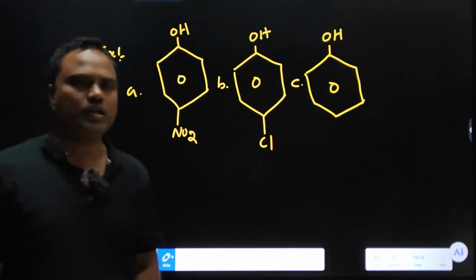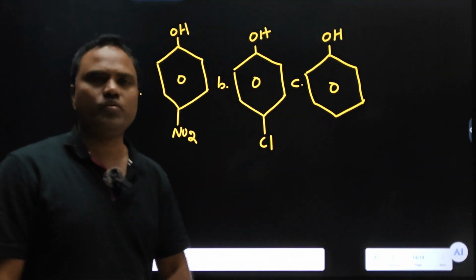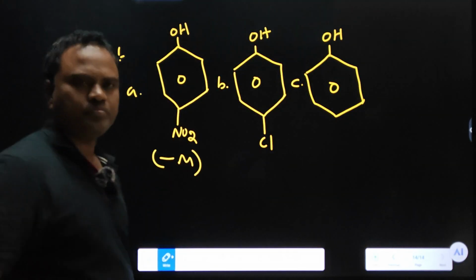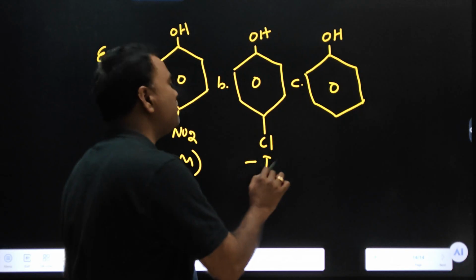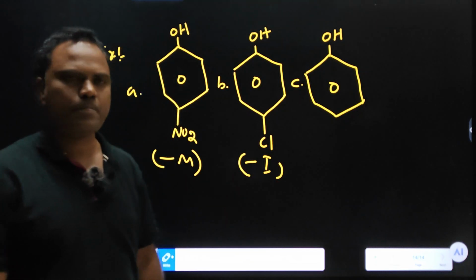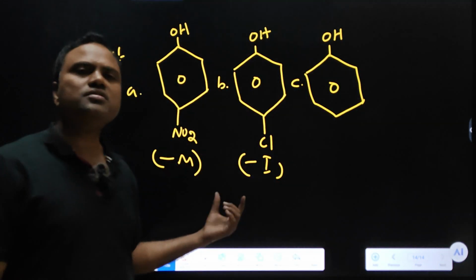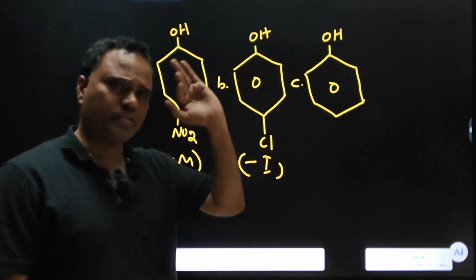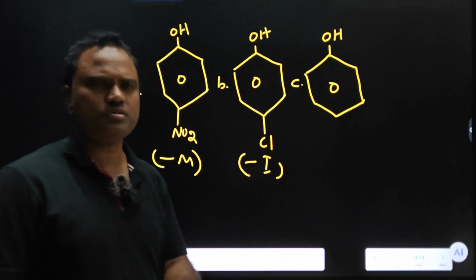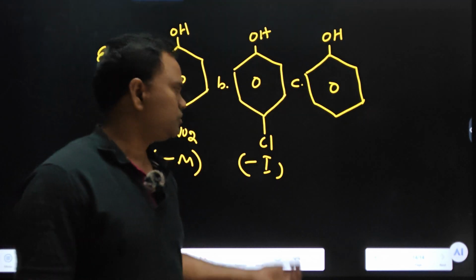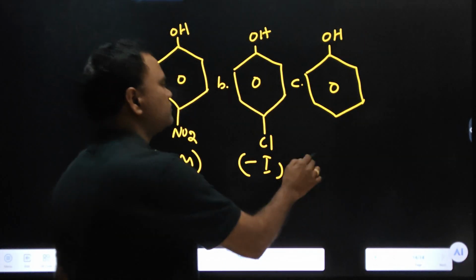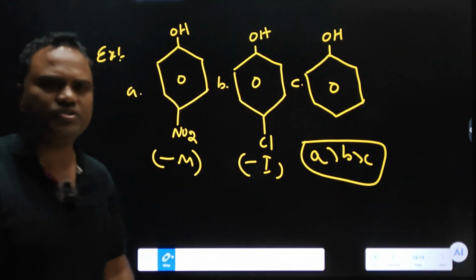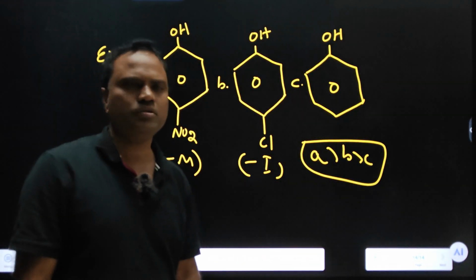Which is more acidic? See, I gave chlorine and NO2. NO2 is a strong minus M group. Chlorine is having minus I. But resonance is taken into consideration. Generally NO2 is a strong minus I, and in the minus I order also NO2 is in the strong position compared to chlorine. So A greater than B greater than C. This is a very simple, easy example based on the strength.